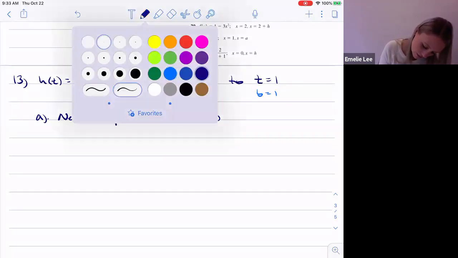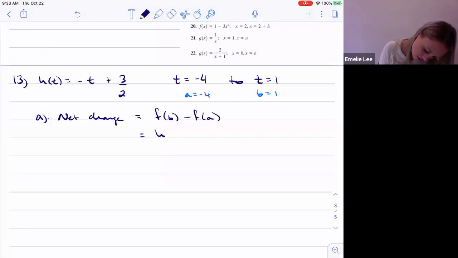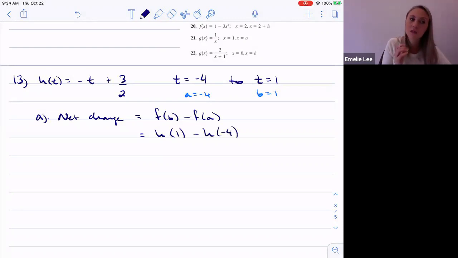So this becomes h of 1 minus h of negative 4. So we need to evaluate h at t equals 1 and then subtract h at t equals negative 4.